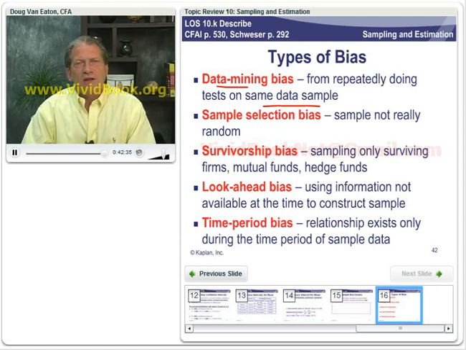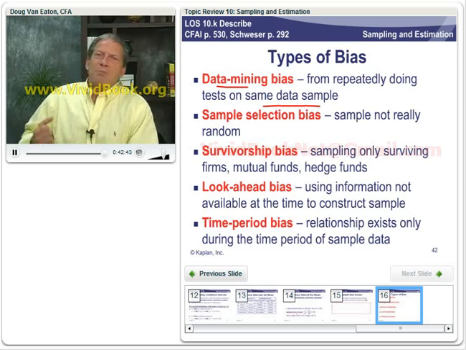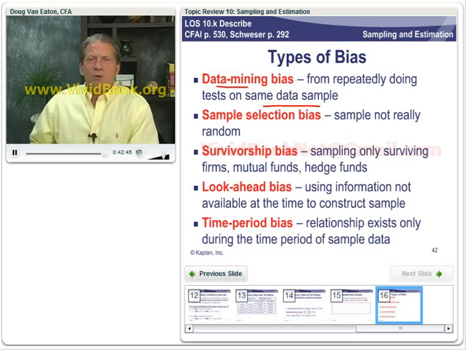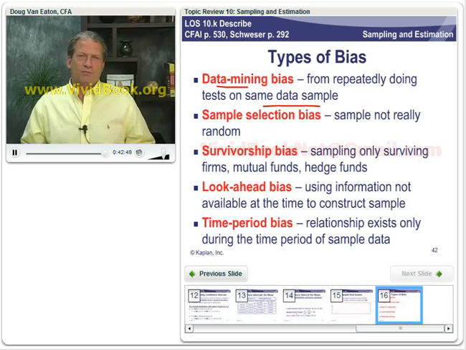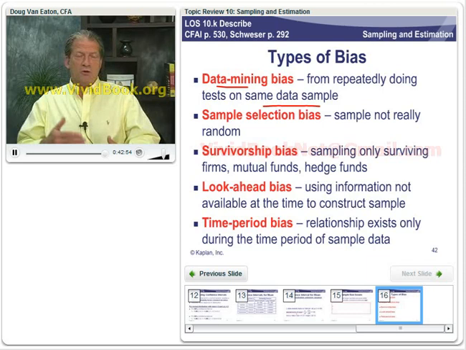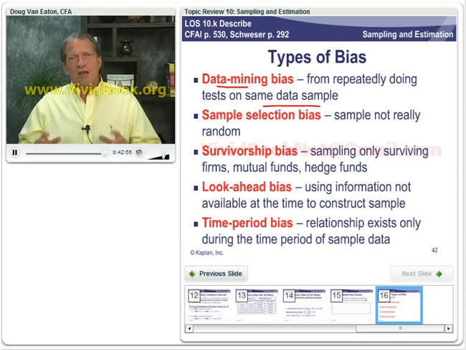It's only available when the firm finishes its year-end financials, which are going to come out in March or April. So in order to replicate that and actually make money in the market, I'd have to use information that wasn't available on January 2nd to construct those portfolios. So that's an example of look-ahead bias.